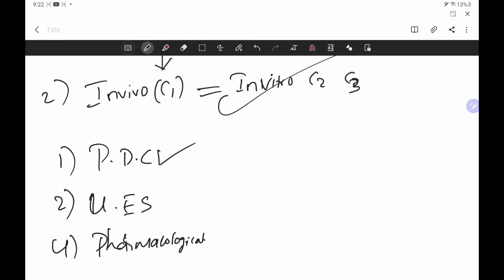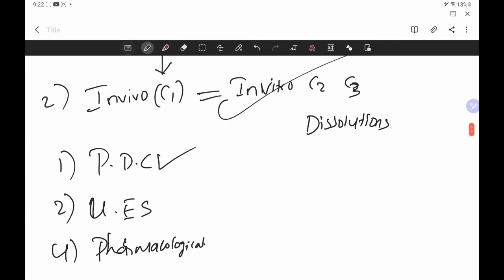The in vitro study which can relate to your bioavailability study is dissolution studies, outside the body. This dissolution study is going to mimic your in vivo studies.